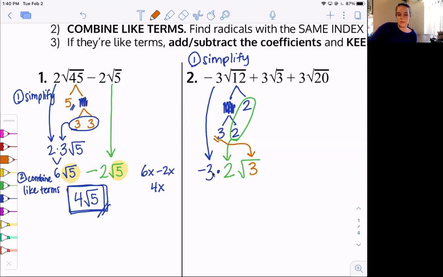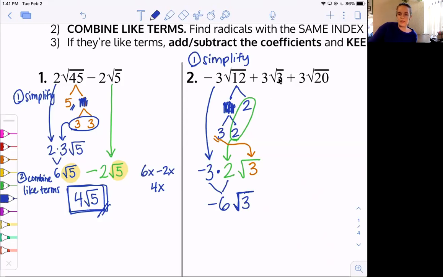So the negative 3 coming from here, the pair of 2s coming to the outside, and the 3 is left over on the inside. So I have negative 3 times 2 would be negative 6 square root 3. All right, so that's the first one here.